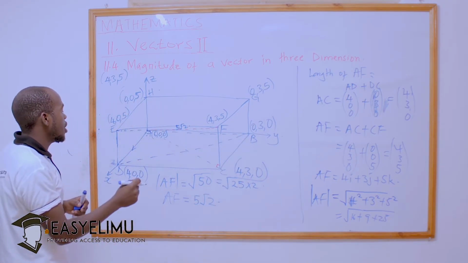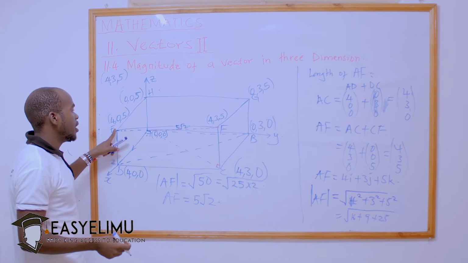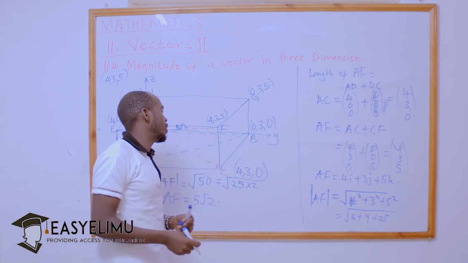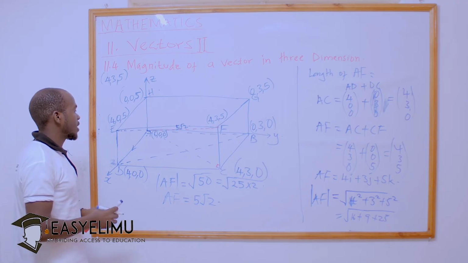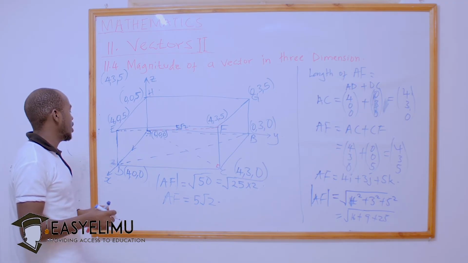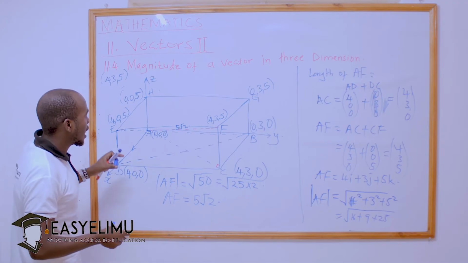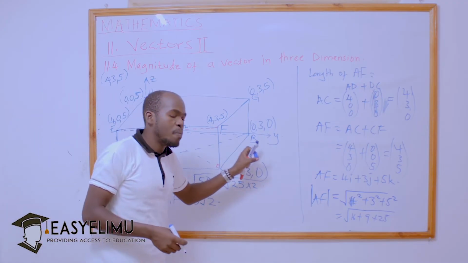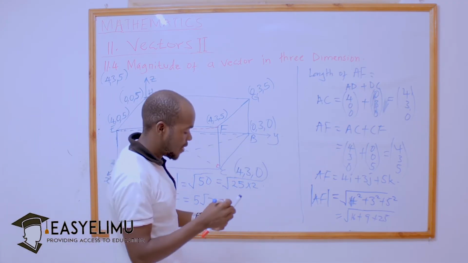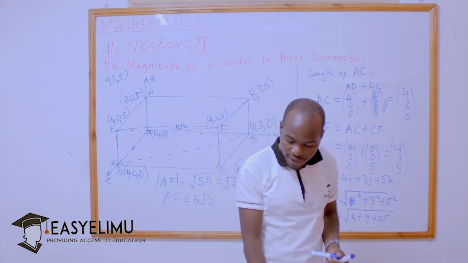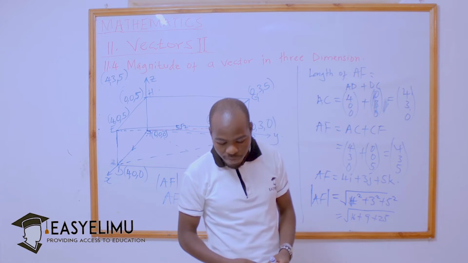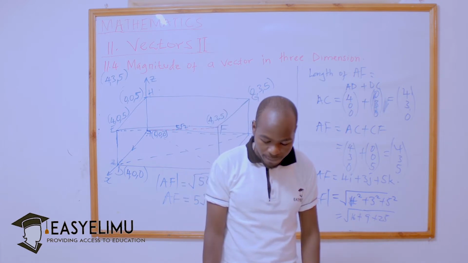So it is from B, D, E, and then B. So we have a right angle triangle, but the vertices are B, E, and D. So calculate the length of EB the way I have done. With that, we have seen that. So we are going on to see some examples which we may use to calculate further.